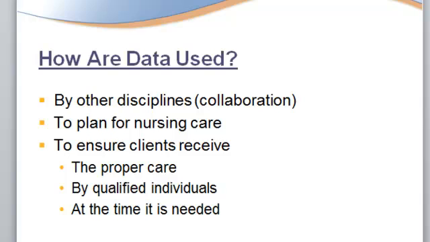It's to plan for your nursing care, because your nursing care needs to be organized, systematic, and outcome based, which the nursing process is. It's also to ensure clients receive proper care by qualified individuals at the time that they need that care.